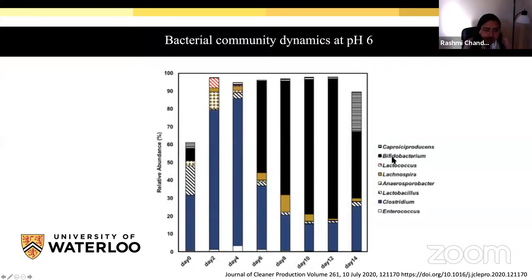Actually, these are the class of microbes which degrade fibers, because the food waste we used was not at all cooked. It was mostly vegetables and peels, and we put it in as is. And this class of bacteria enriched a lot, and they are the fermenters of fibers.